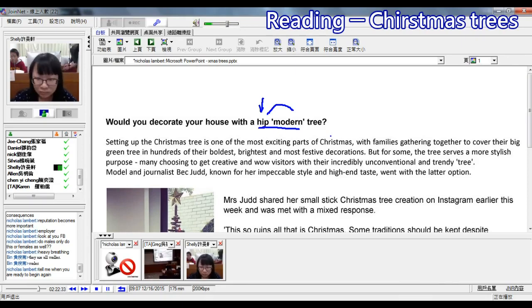So what's a hip modern tree? What does cool mean?